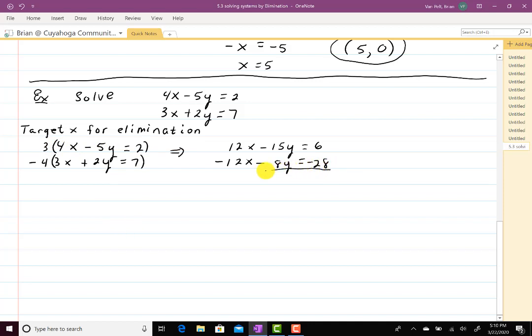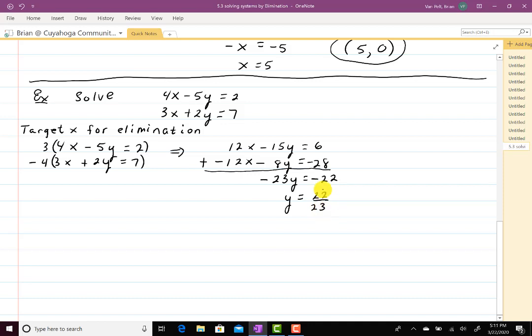Now I'm ready to add these two things together. What I did was exactly necessary to make a positive 12 and a negative 12. When I add them, the x's of course cancel as designed. I'll get negative 23y equals negative 22. And then I'll divide by negative 23 to get y equals 22 over 23.